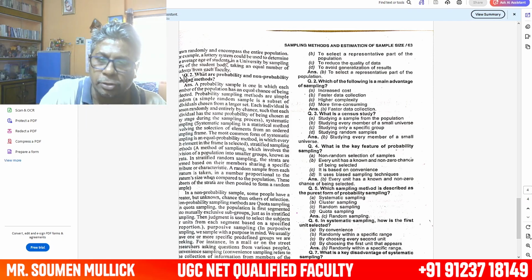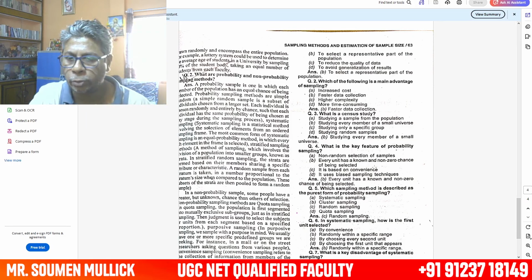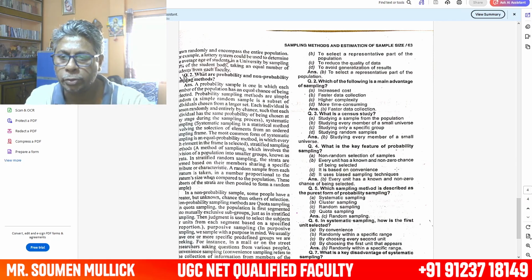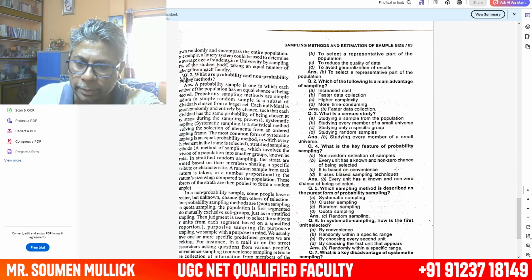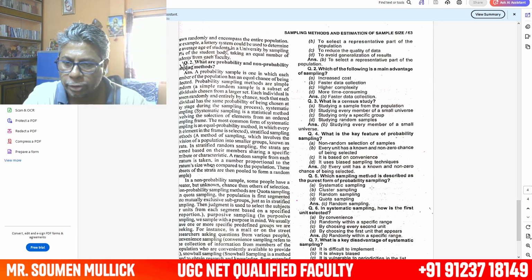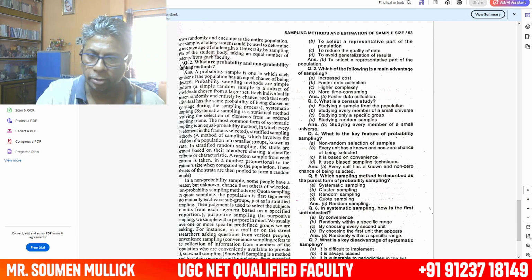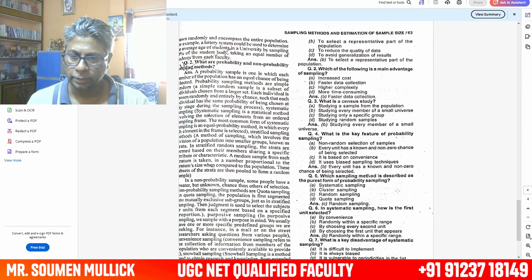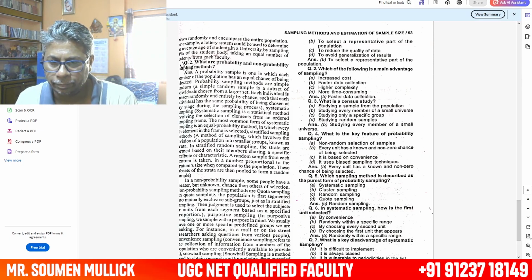What are the key features of probability sampling? Every unit has a known and non-zero chance of being selected. Which sampling method is described as a purely probability sampling? That is called random sampling.